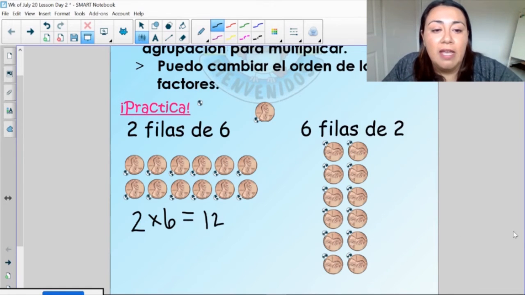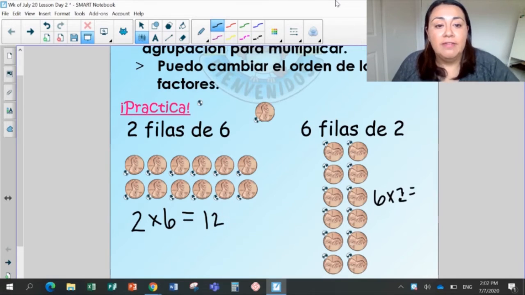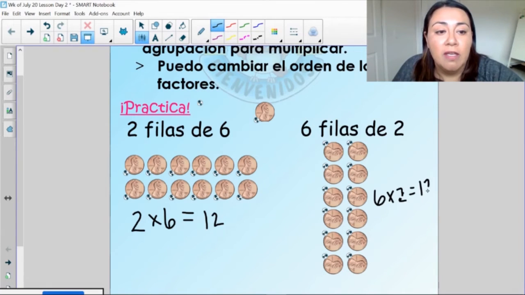Entonces, 6 filas de 2, ¿no? 6 filas de 2 son, como usé las mismas monedas, 6 filas de 2 son 12.